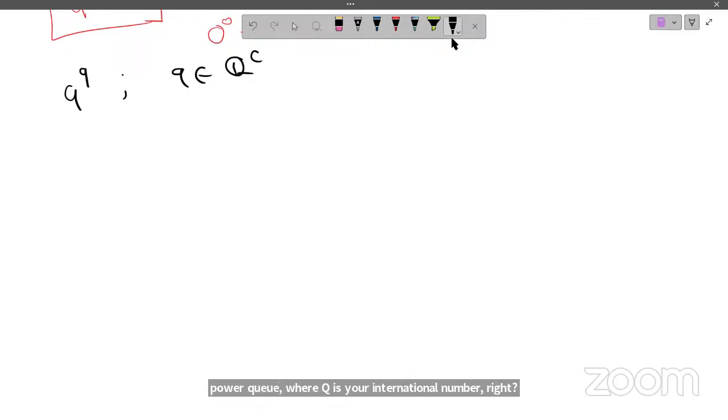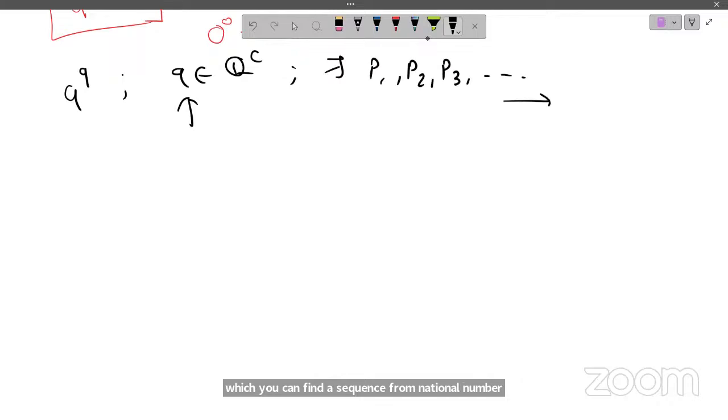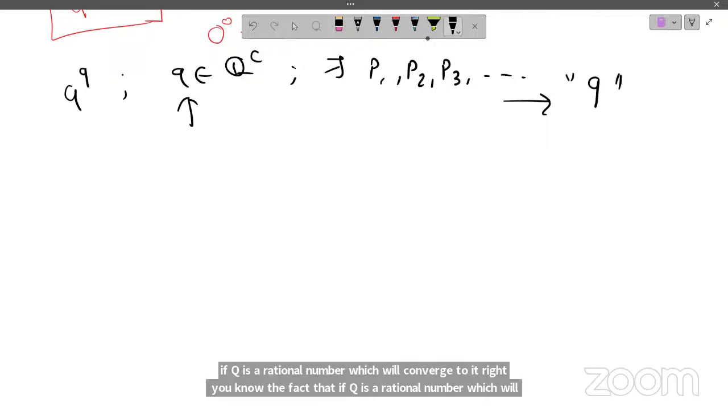In the first week, you learned that if you have an irrational number, then you can find a sequence of rational numbers which will converge to it. If q is an irrational number, then there exist p1, p2, p3, and so on, rational numbers, which converge to q. This is a fact from week 1.